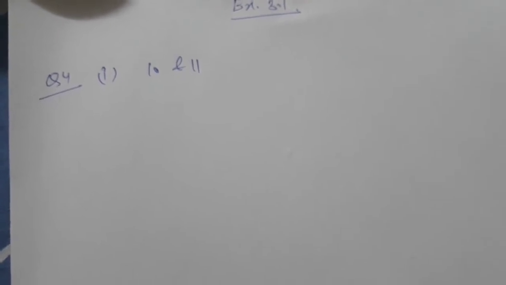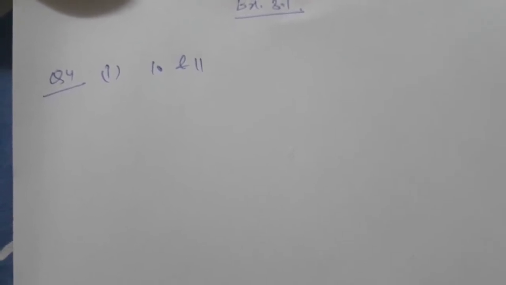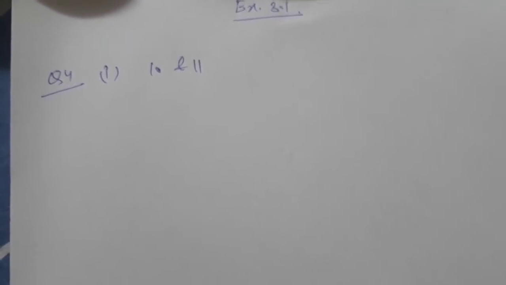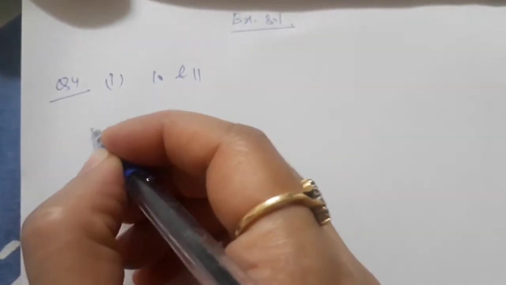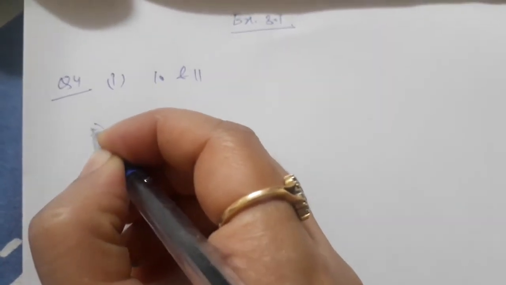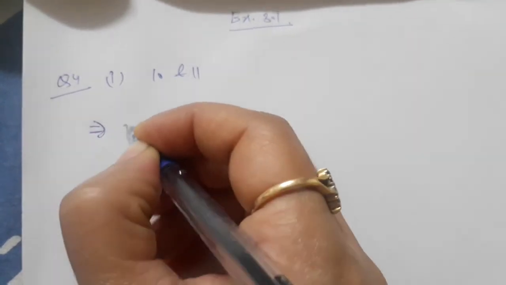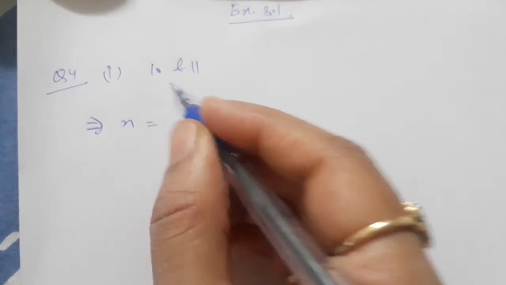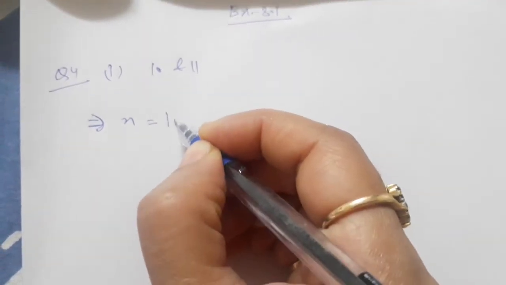But there is an easier way as per the squares and square roots rule. 10 is the smaller number and 11 is the bigger number. So we take the smaller number as n, which is 10.